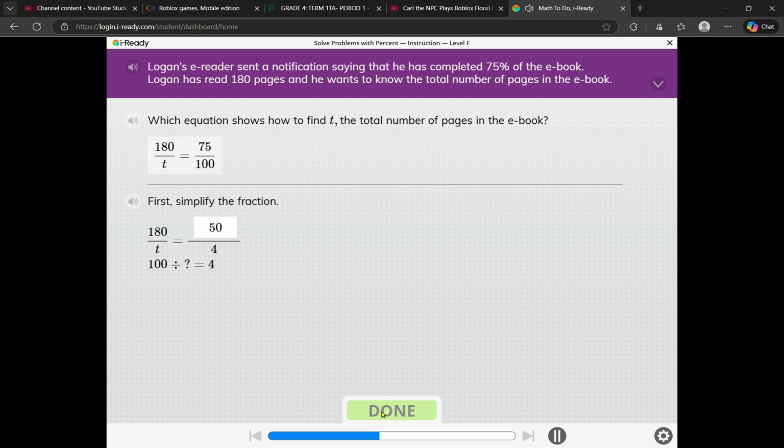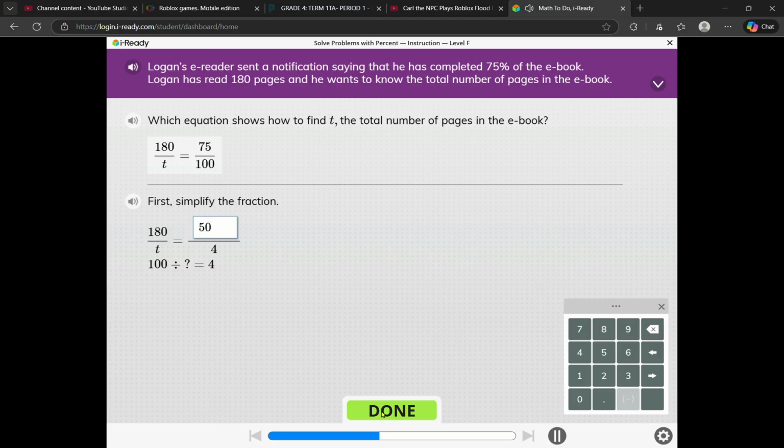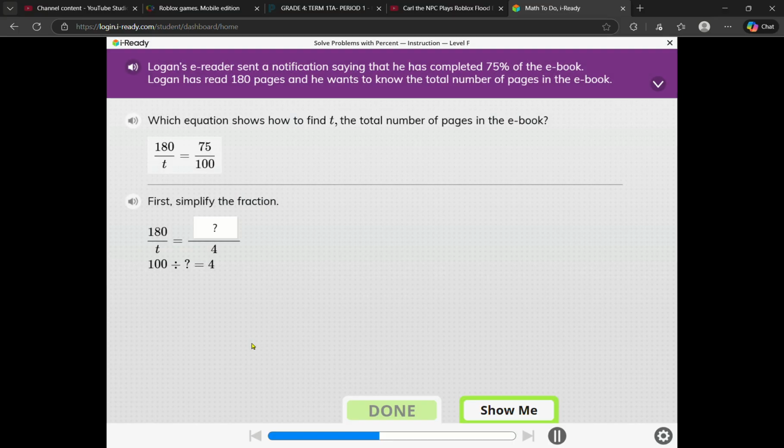Divide 75 by the same number. 100 divided by 25 is 4, and 75 divided by 25 is 3.